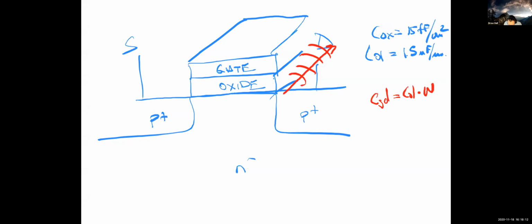The CGS, or the total gate capacitance, I'm just going to call this gate because it's not quite CGS, is going to equal Cox times W times L. This is just a parallel plate capacitor, a two-dimensional parallel plate capacitor, due to the area of the transistor.